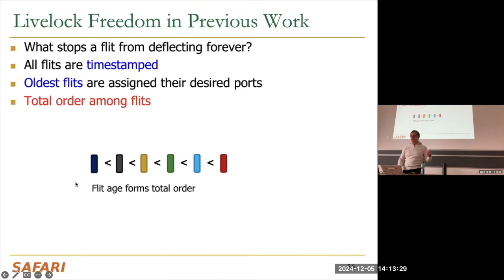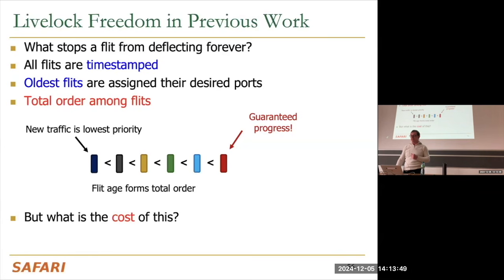The age of flits forms a total order, and you guarantee progress for the flit that has the oldest age. If a router sees that flit, it prioritizes that. If a router doesn't see that flit and it sees some other flit, it prioritizes the oldest one, essentially. Now, new traffic gets the lowest priority, of course, in the router.